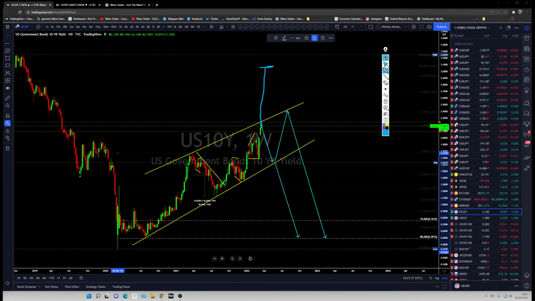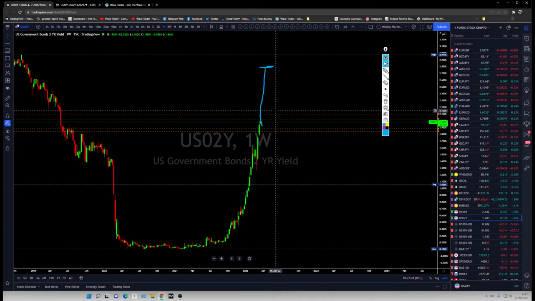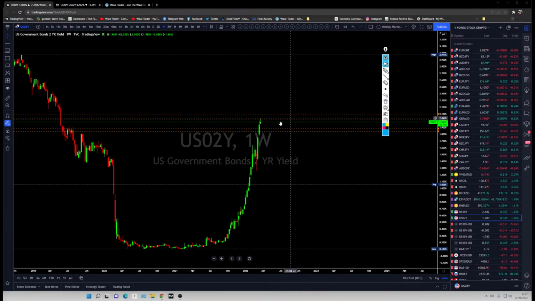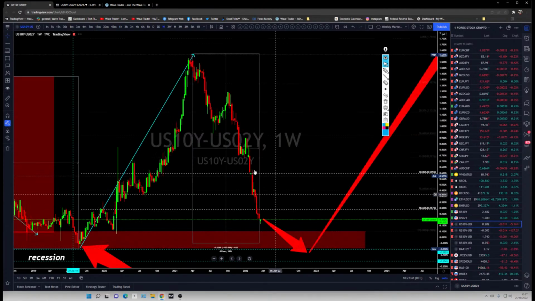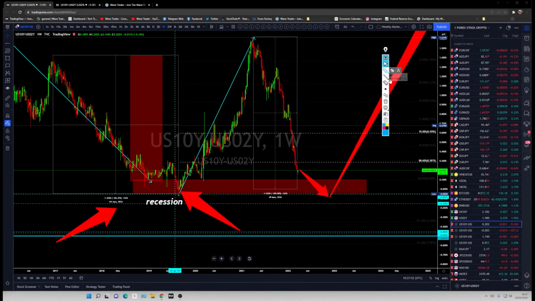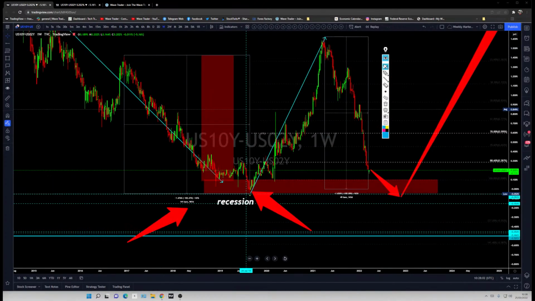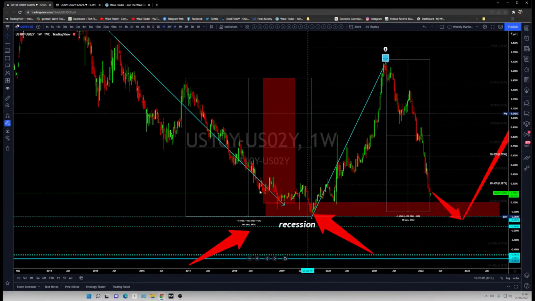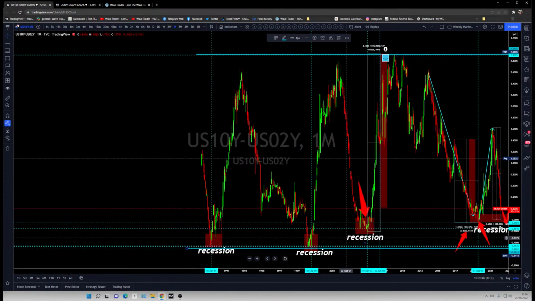Then the 2-year is going to be higher than the 10-year, and the inversion is going to be deeper, somewhere close to negative 50 basis points. That's a very unlikely scenario. We're not going to have a deep inversion. So why am I talking about that?